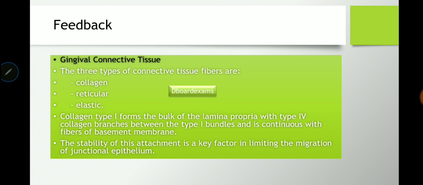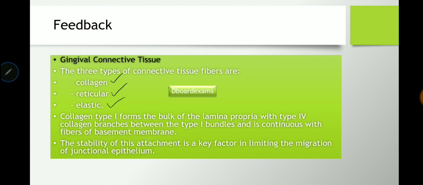So in gingival connective tissue, there are 3 types of connective tissue fibers, which are collagen, and then you have reticular and you have elastic fibers. We reviewed the collagen and elastin in the biochemistry video. If you've reached this far and you don't know those, make sure you review collagen types and connective tissue types.